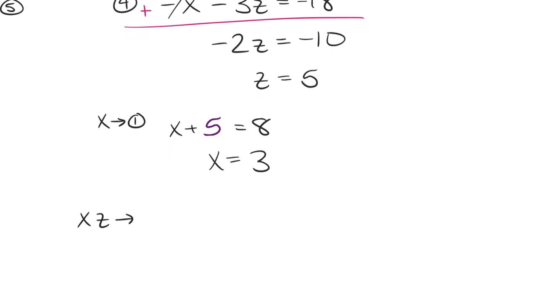Now I'm plugging them both in. To which equation? Number 2. Should I plug them into 1? No, it wouldn't help me find y. That's what I'm missing. So I'm going to plug them into number 2.